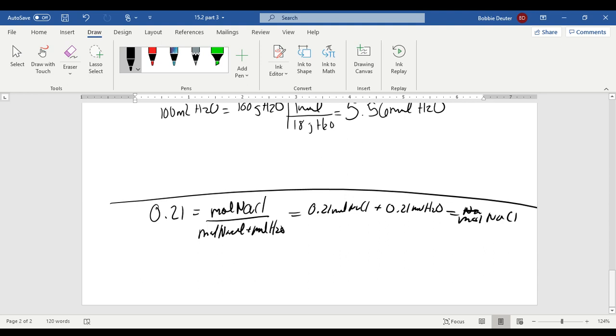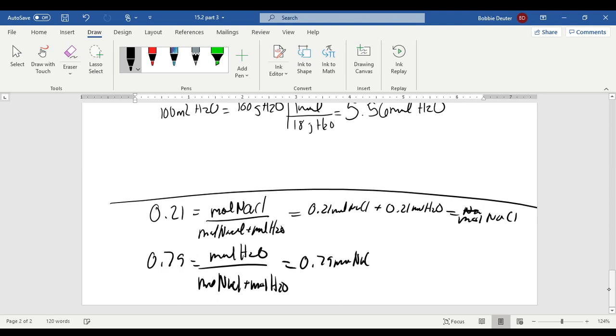We also know what the other molar fraction is, because we can subtract that from 1 to get 0.79, and that is equal to moles of H2O over moles of NaCl plus moles of H2O. Apologize for my penmanship, it's atrocious. And we would set that up the same way. Moles of NaCl plus 0.79 moles of H2O, which would equal moles of H2O.